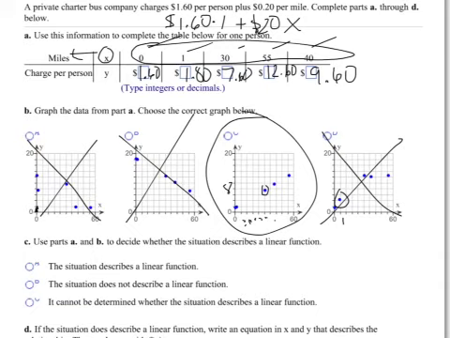Then I go to 55, this line is 54, so a little past that line, there's 55. It should be $12.60, and if I follow it over, it is above the 12. And then if I go to 40, which is this point, it's $9.60. So again, it's choice C.